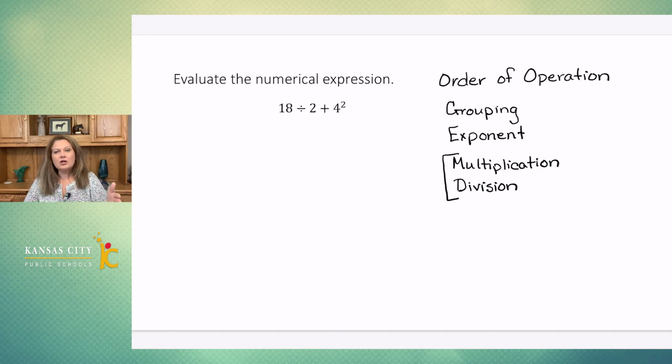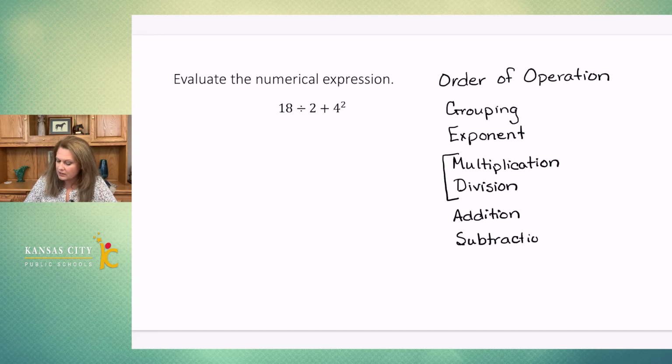But whichever comes first, working left to right. We read left to right, so we need to do our math left to right. And then we have addition and subtraction. Now, addition and subtraction are the same thing as multiplication and division. We need to do them in the same step, working left to right.